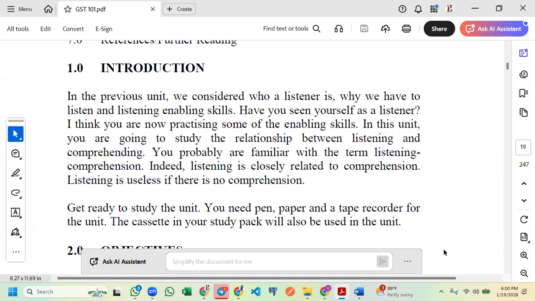You probably are familiar with the term listening comprehension. Indeed, listening is closely related to comprehension. Listening is useless if there is no comprehension. So get ready to study the unit. You need pen, paper, and a tape recorder for the unit.